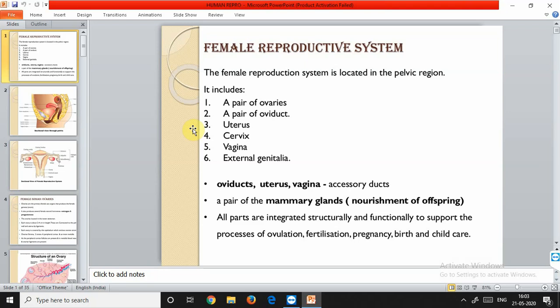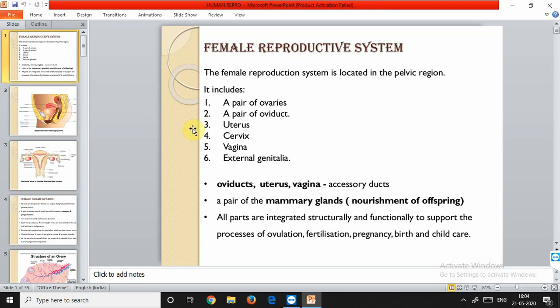Now, there is also a pair of mammary glands, and those mammary glands are mainly for providing nourishment to the offspring. All the parts are integrated structurally and functionally to support the process of ovulation, fertilization, pregnancy, birth, and childcare.